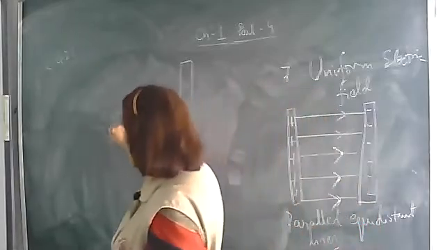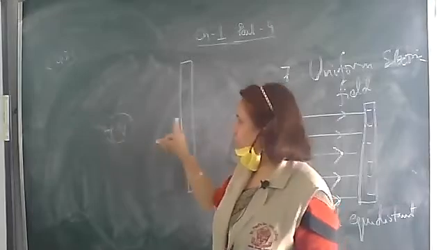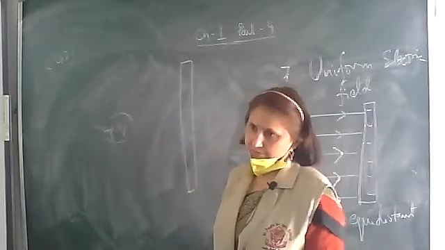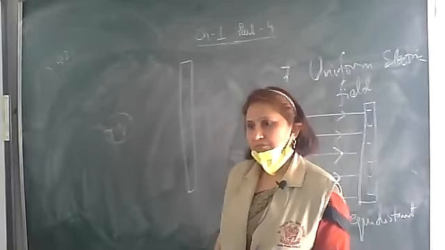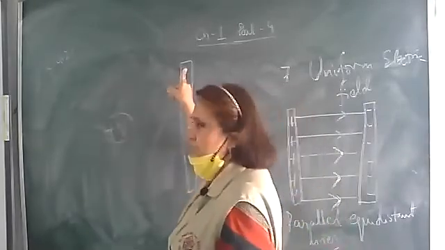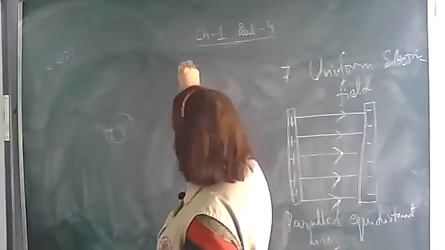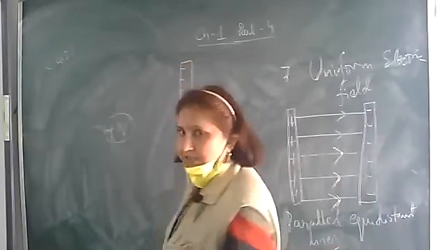Okay, so here you have to draw the electric lines of forces for this plus Q charge, which is close to a metallic sheet. Try to draw. What happens due to this positive charge? In this metallic sheet, the negative charges will come on this end. Is it so?